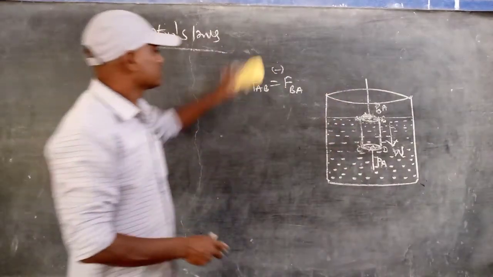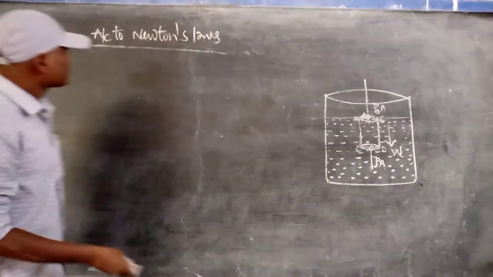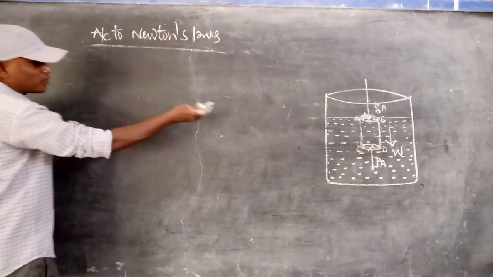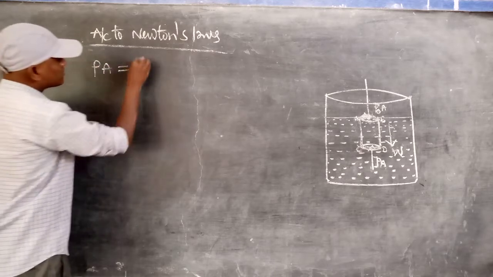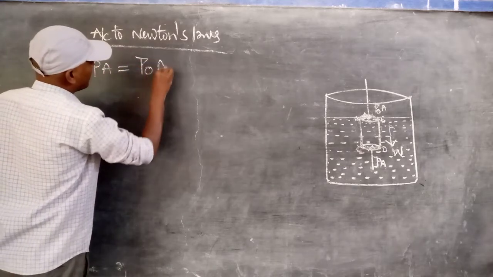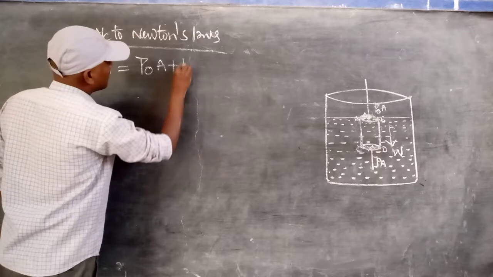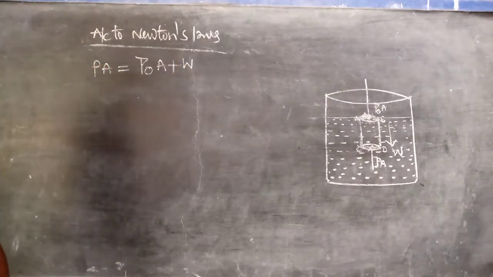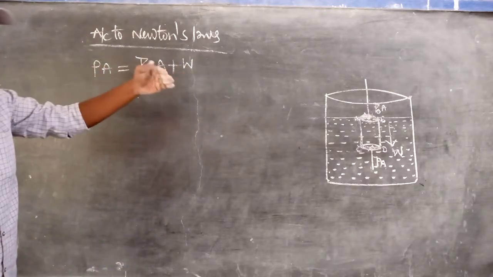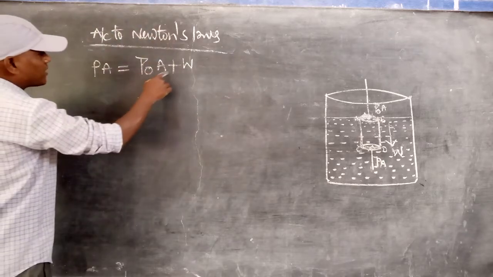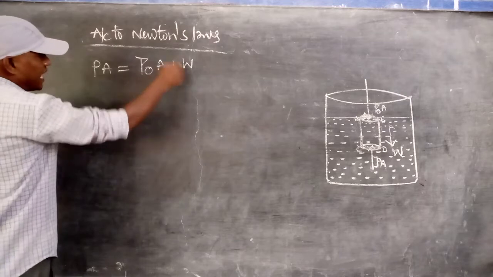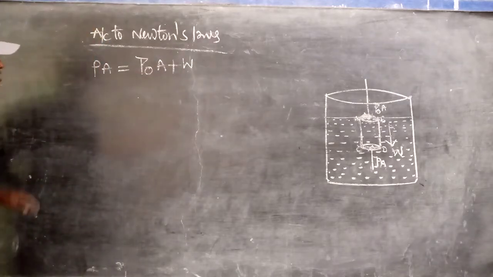So according to Newton's third law of motion, we can write that PA is equal to P naught A plus W. Here we don't consider the negative symbol. Negative represents only the direction. That's why PA is equal to P naught A plus W. These two are acting downward, and it is acting in the upward direction.